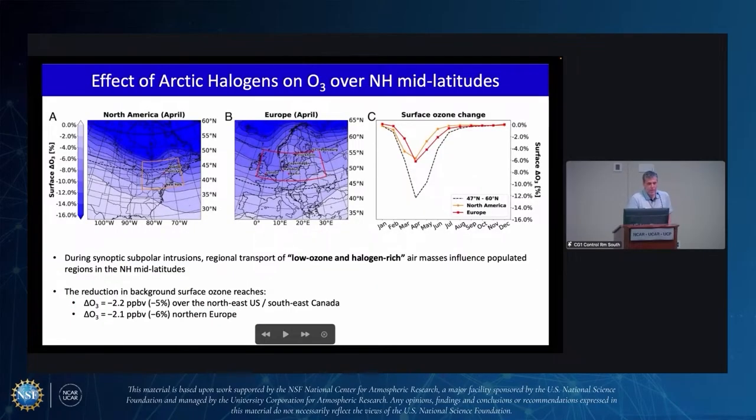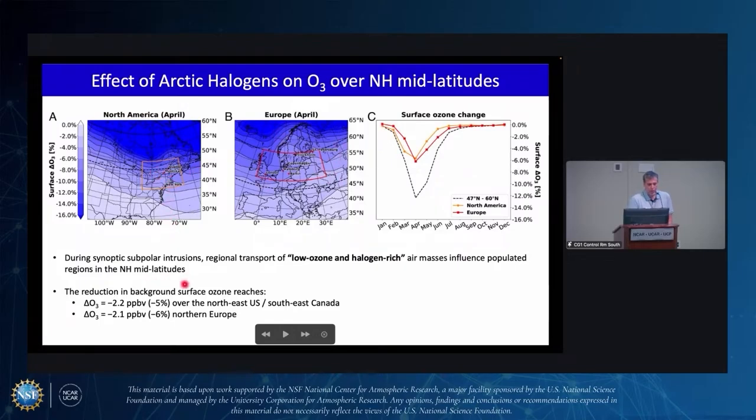What we can see is that these Arctic halogens, the export of these low-ozone and halogen-rich air masses from the Arctic, can influence the background ozone level in North America and in Europe. And these lines over here show the percentage surface ozone changes within each of these regions that we have highlighted there.